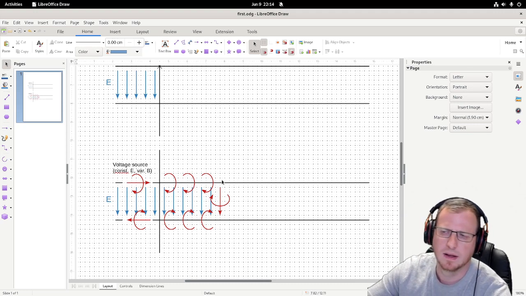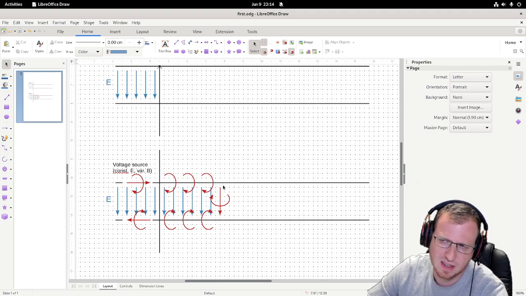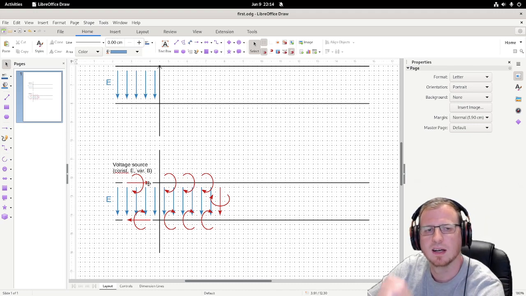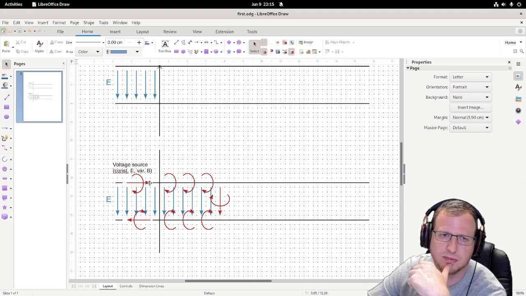So this is very interesting and very important, because I think usually current is associated with electrons and particles flowing through space.